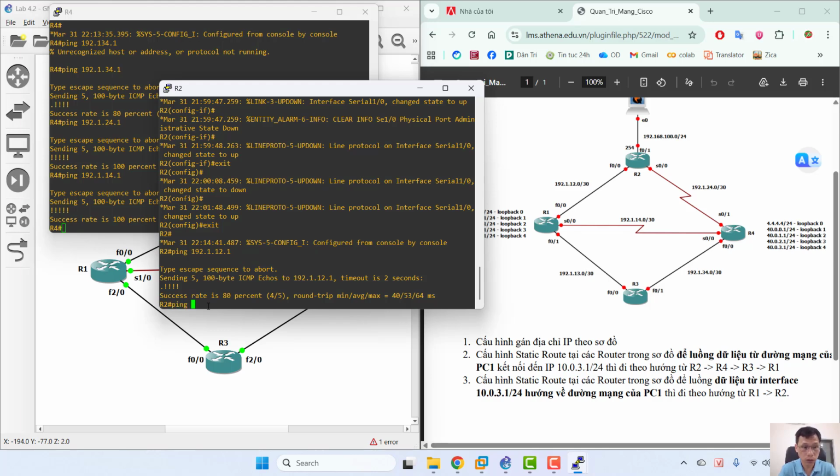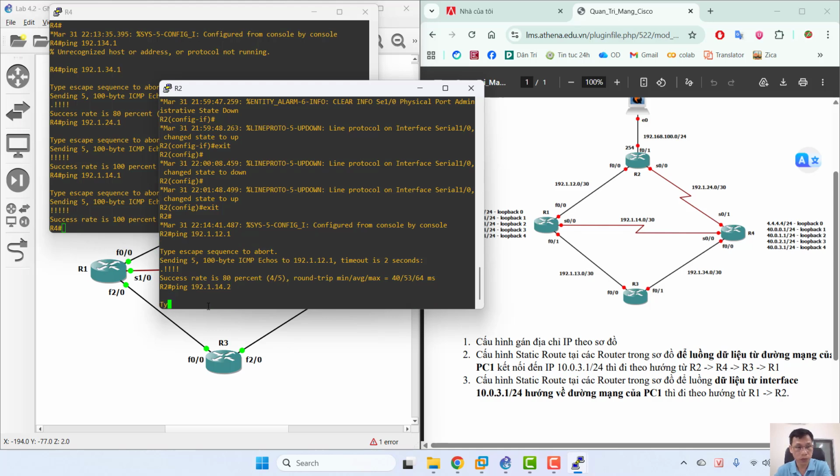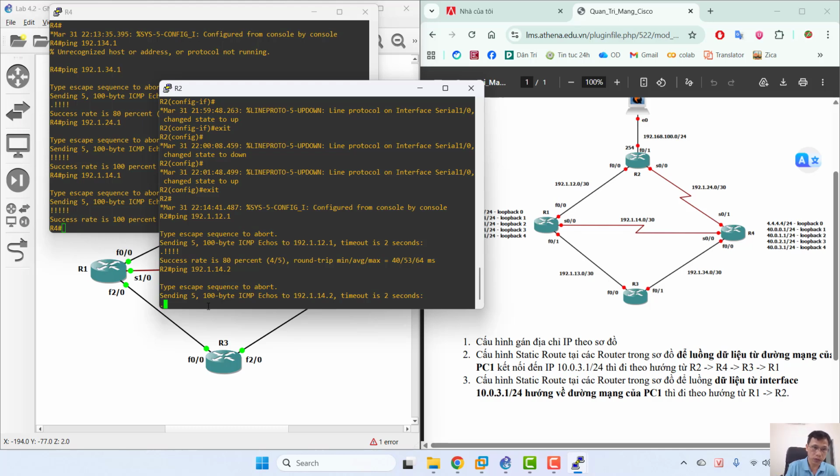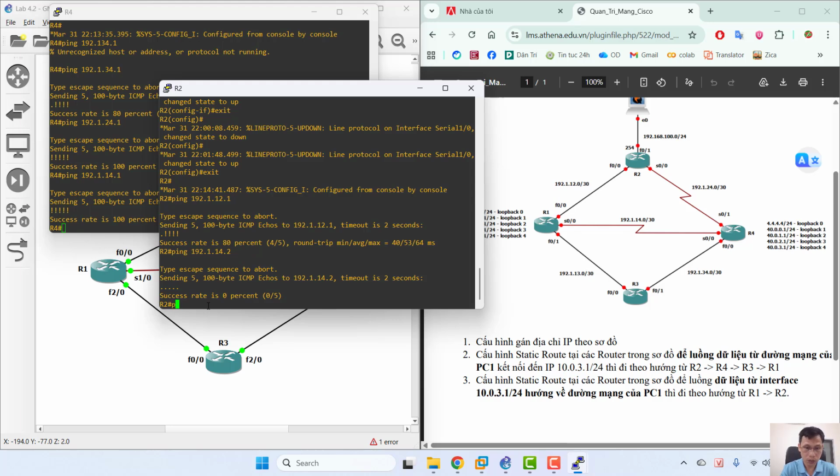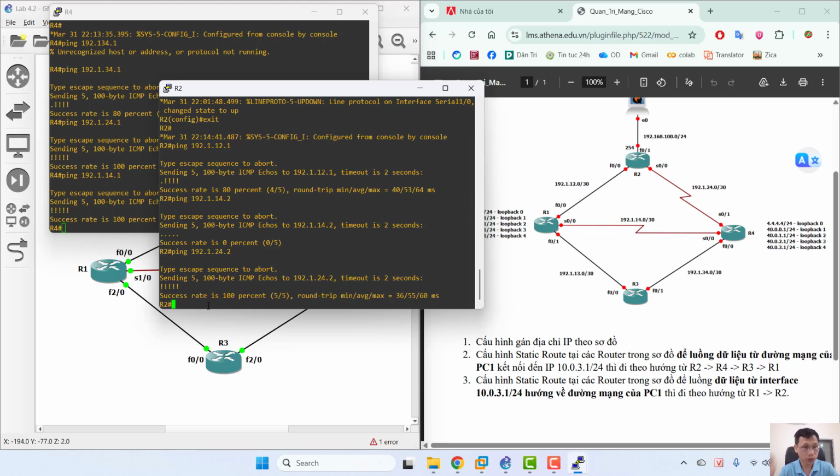And ping from 1.2.1.14.2. No, not 14, sorry. 1.2.1.24.2. 24, not 14. Okay, good.